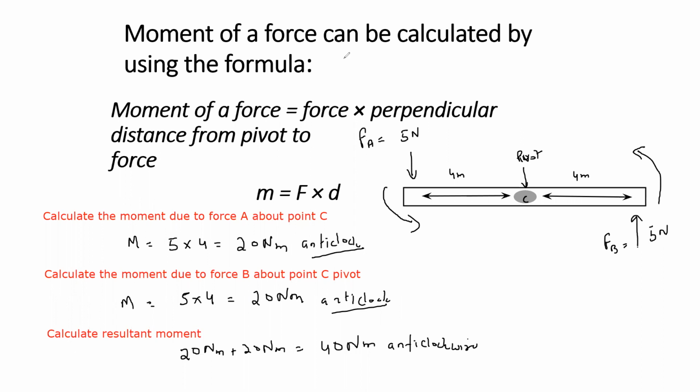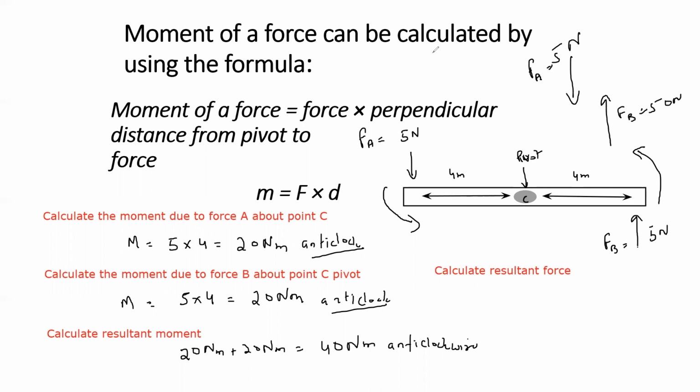If the question was calculate the resultant force, so what is the resultant force? When we check force, we don't bother about the moment. Force A, FA, is acting downward, 5 Newton, and force B is acting upward, 5 Newton.